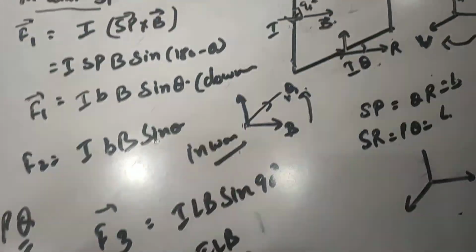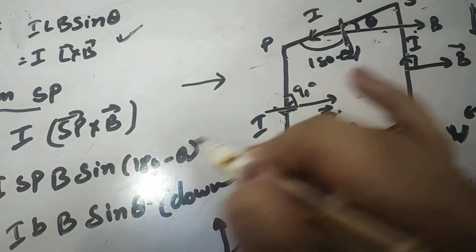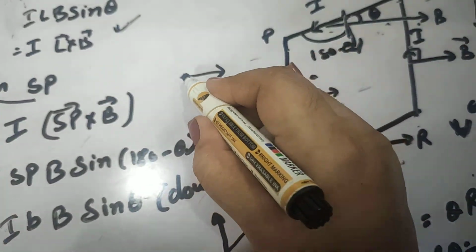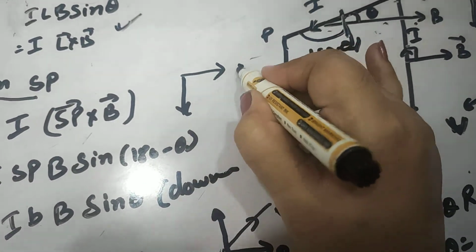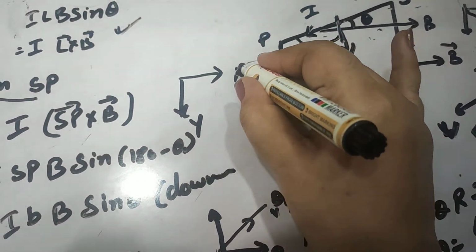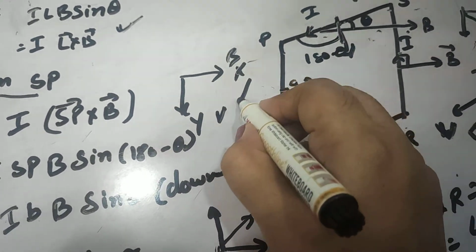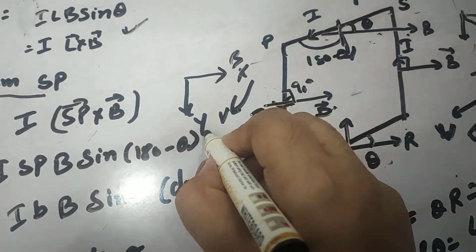Now let us find the directions. Here see, B is along this direction, our current is moving in the downward direction, so this is the X direction, this is the negative Y direction. So this is B and this is V, and B cross V is in this direction.